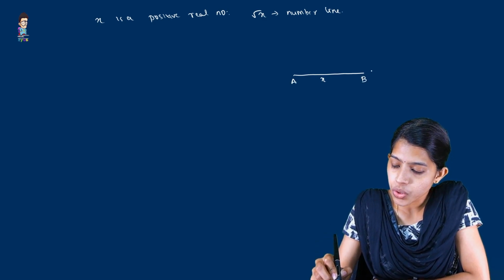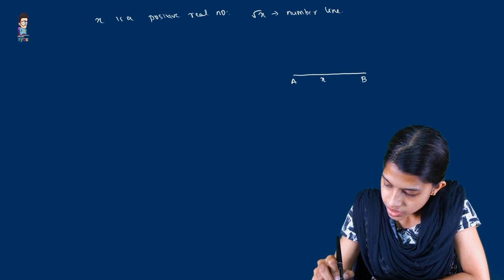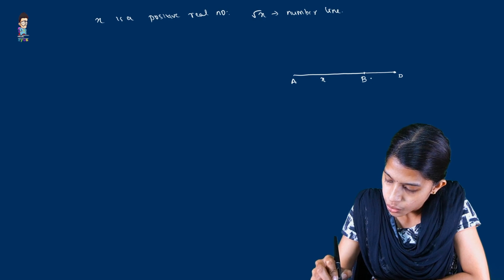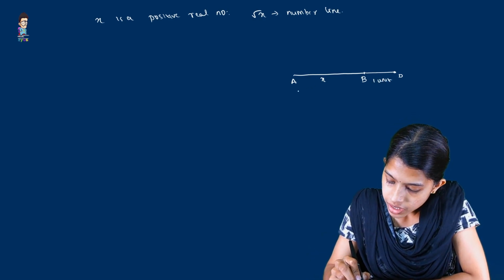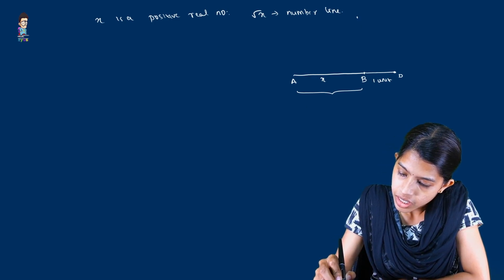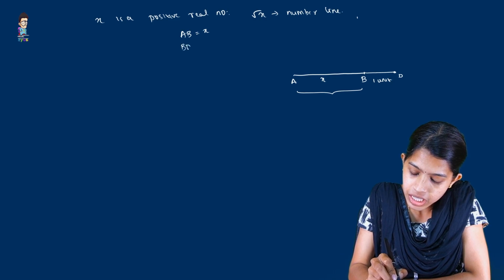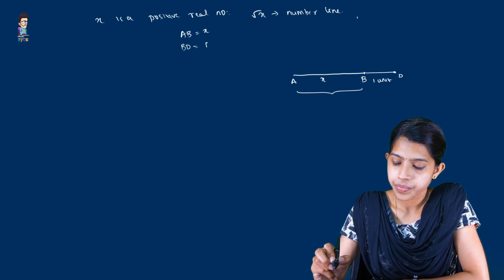Now, I am going to extend this line one more unit. That is, consider the point D where BD is 1 unit, that is AB is equal to x and BD is equal to 1 unit.